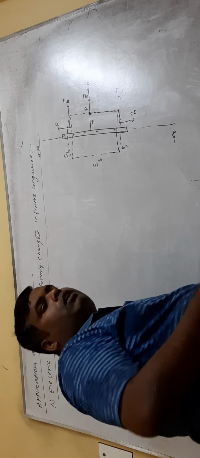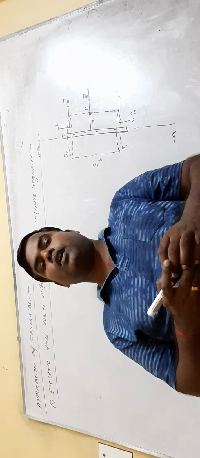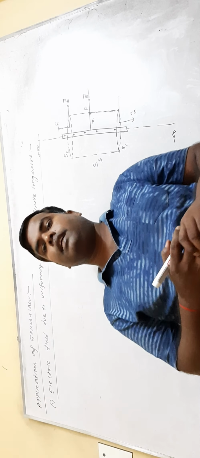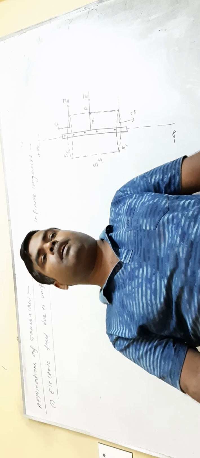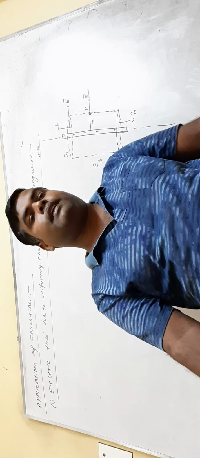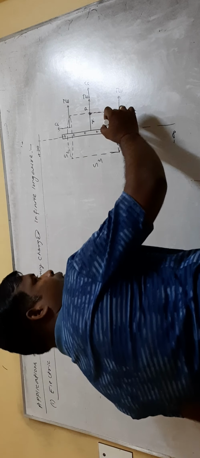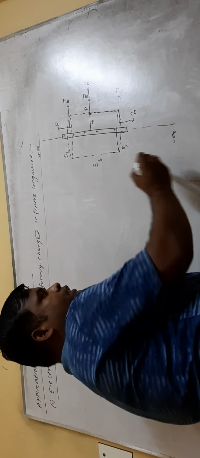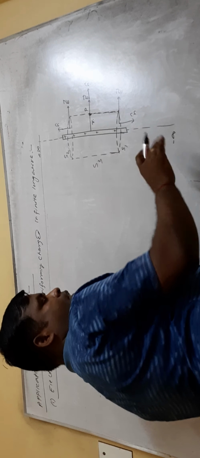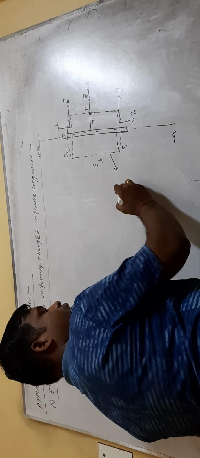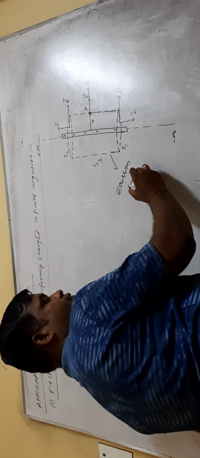To apply Gauss law we have to consider a Gaussian surface, that is an imaginary surface. For our convenience we imagine the Gaussian surface in the form of a cylinder. You see this dotted cylinder, that is the Gaussian surface.